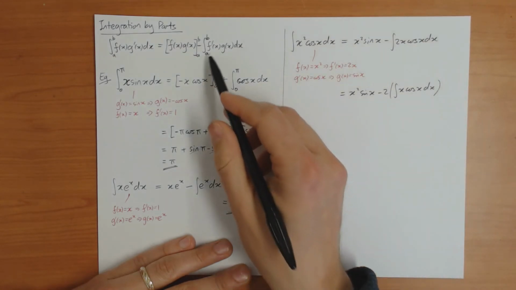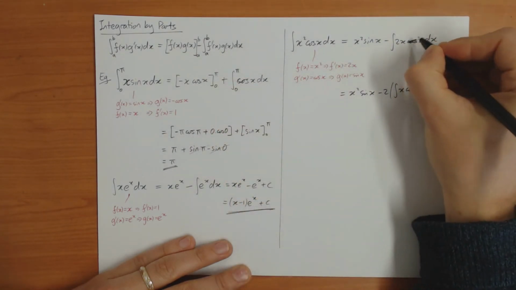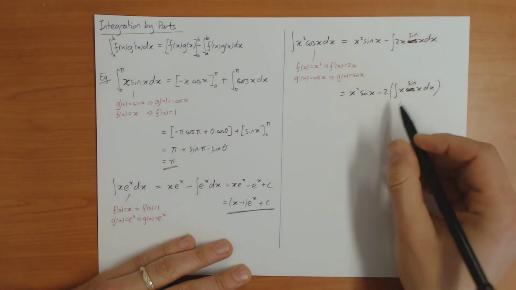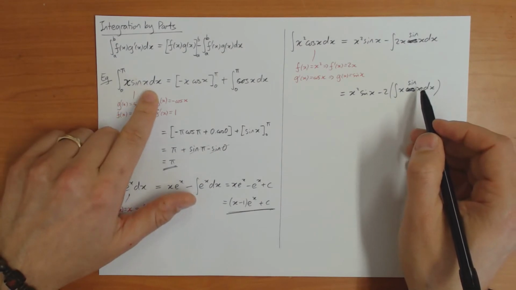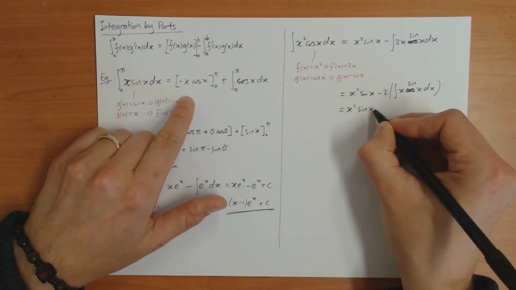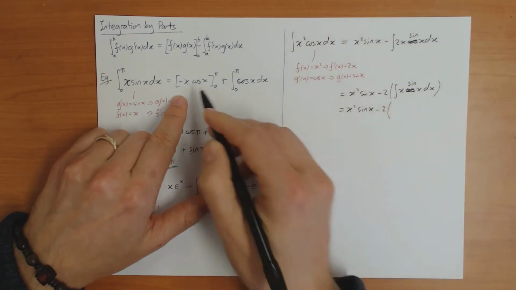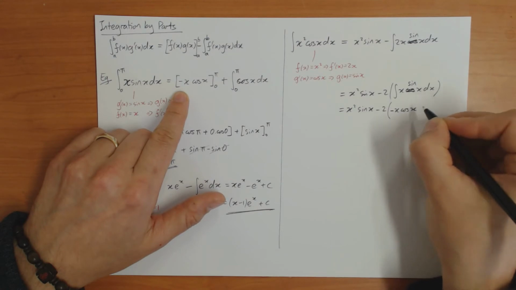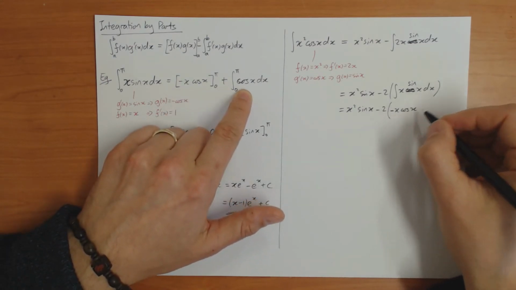Sorry, this one is g, so this should be sine. Sine, and this is sine. That's better. Okay. And then this integral here is the same as we've got here. So this is x squared sine x minus 2 times minus x cos x plus the integral of cos, which is sine.